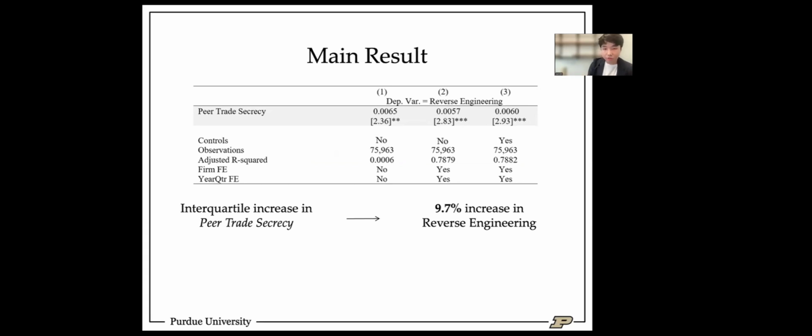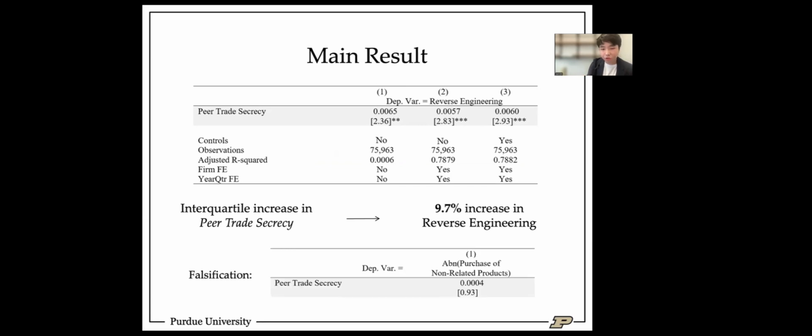Now, importantly, we want to do a falsification test at this point. We change the way we measure the dependent variable, specifically by aggregating products that are not related. Think about products that are simply not going to be purchased by that competitor because they're not in the same business or the same industry.